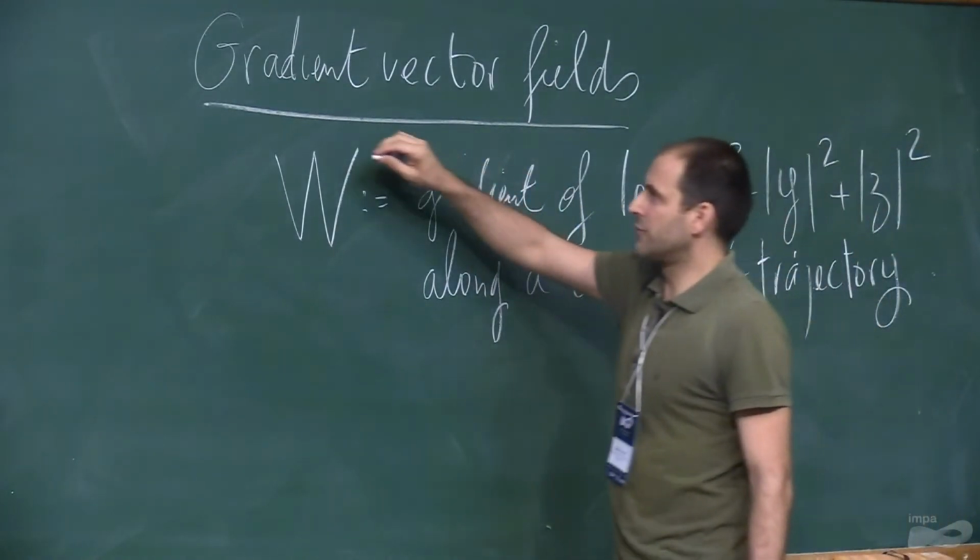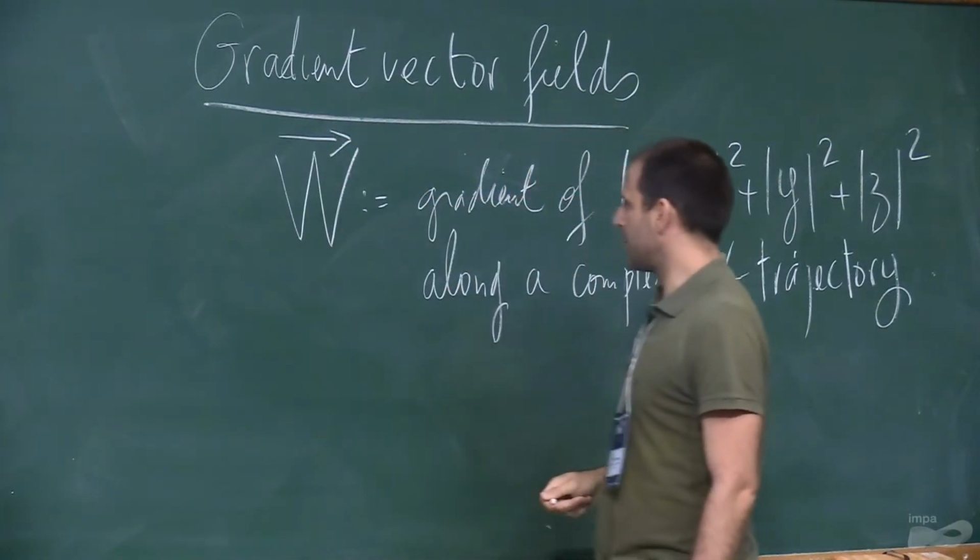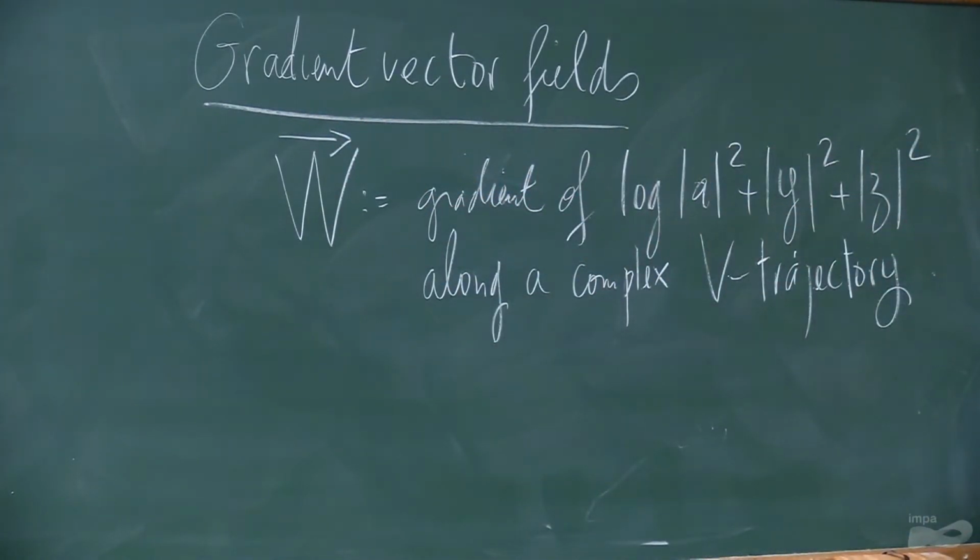You take it with respect to a convenient Hermitian metric, which is not really important for our purpose. You just choose one in such a way that this gradient vector field is invariant by multiplication by the scalars.